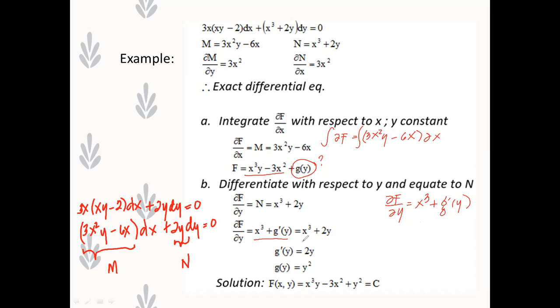What you do next, you equate it to the n. What's the n? That would be the n in your equation, x cubed plus 2y. Why is it now x cubed plus 2y?